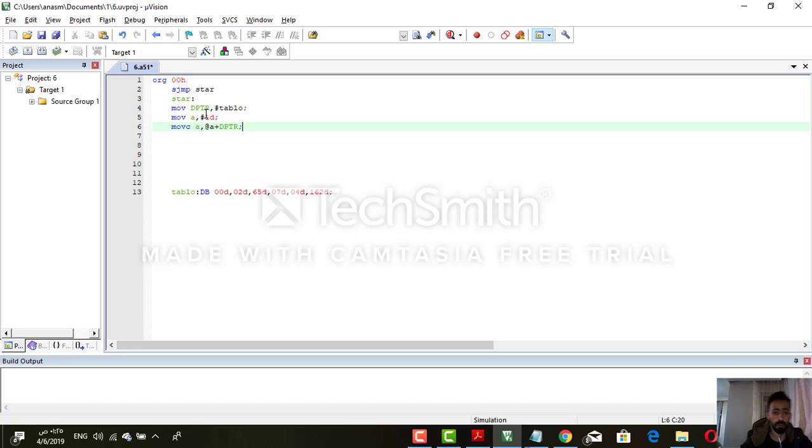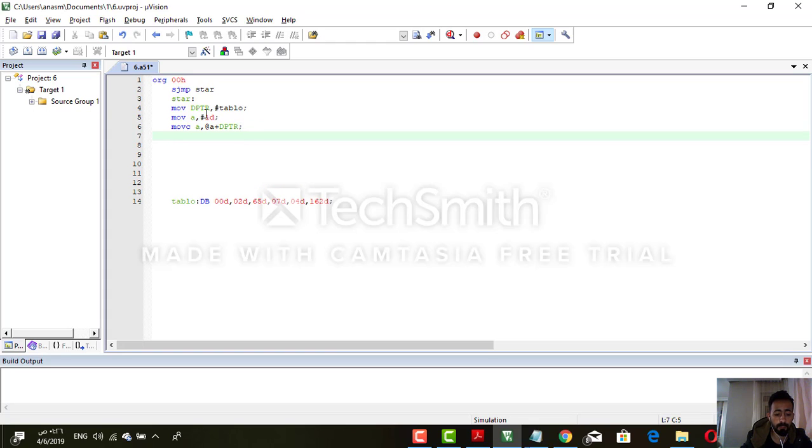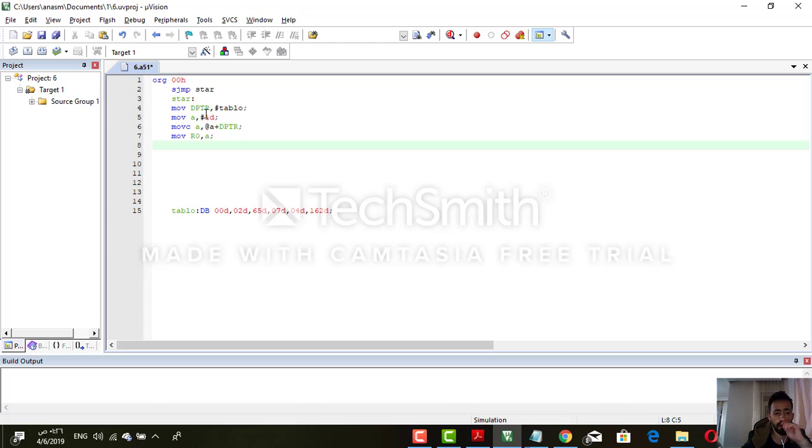After that, now we have the first number. We can move it to any register because we need to use the accumulator again, for example A to R0. So now we have the first number. The same way we have to find the second number: also move to accumulator the second number, which is 2 decimal.